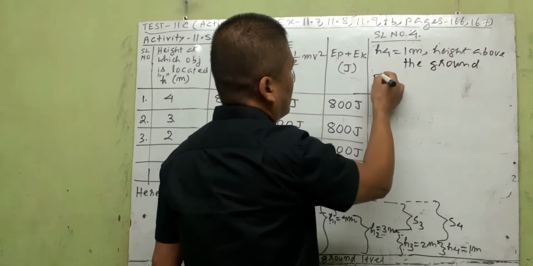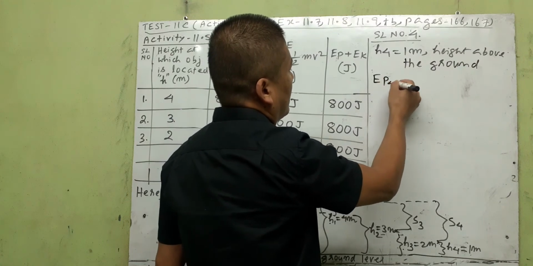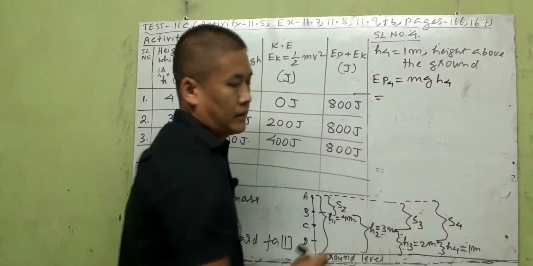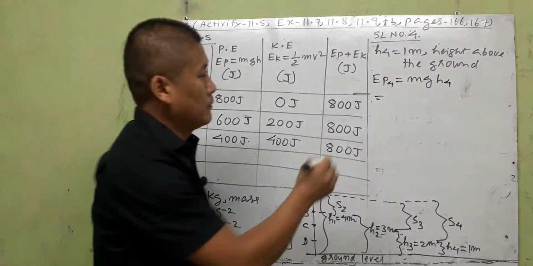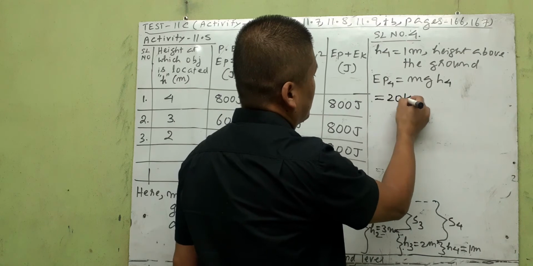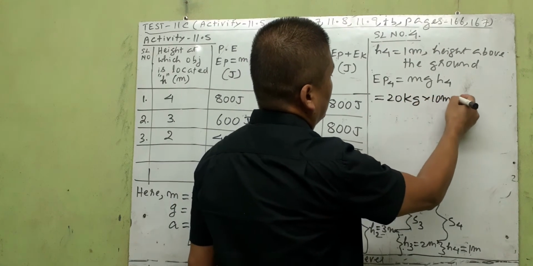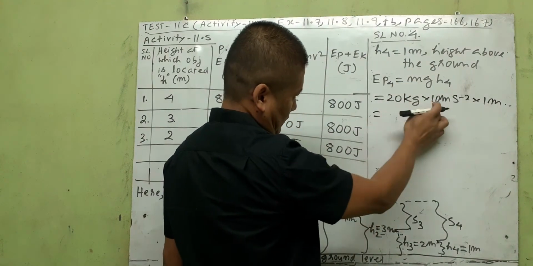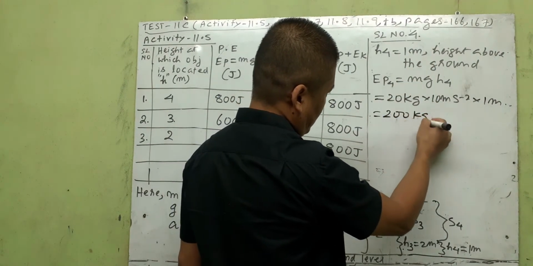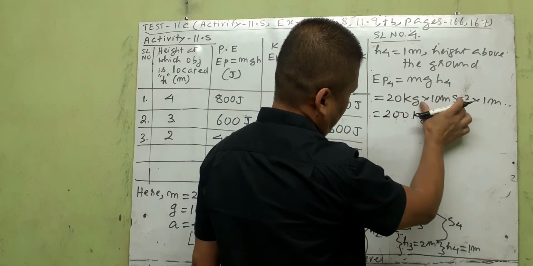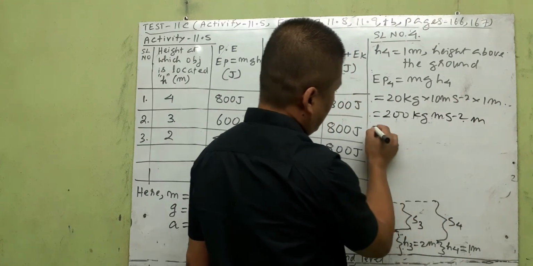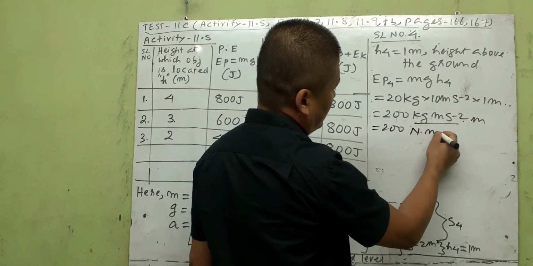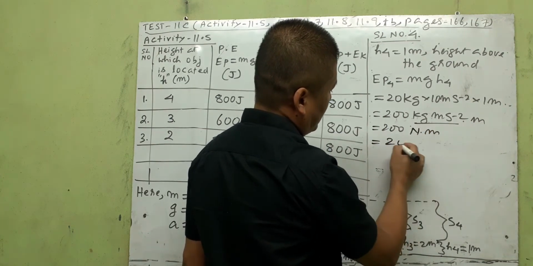So we can calculate the potential energy. EP4 in this case is mgh4, right? Mass of the object is not going to change, it's the same object: 20 kg into 10 meter per second square into 1 meter, h4. 2 tens are 200 kg meter per second square, and here 1 meter. So that is 200. This portion we know is Newton meter, so 200 joules.